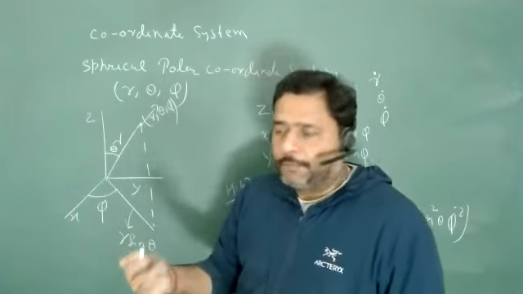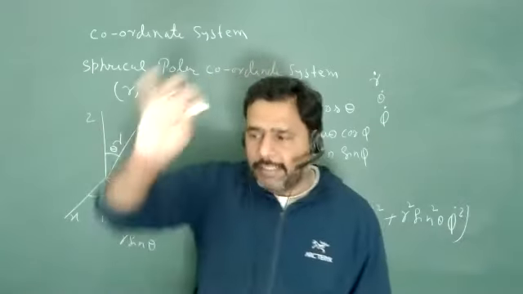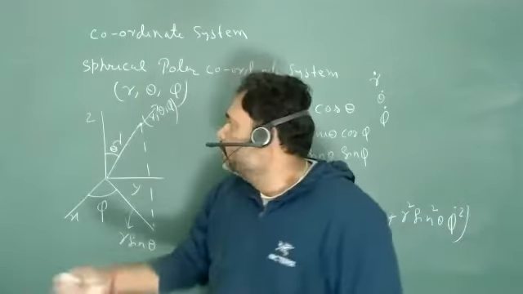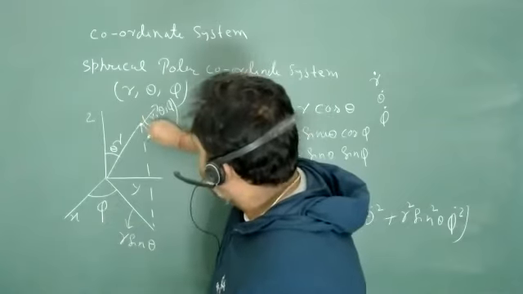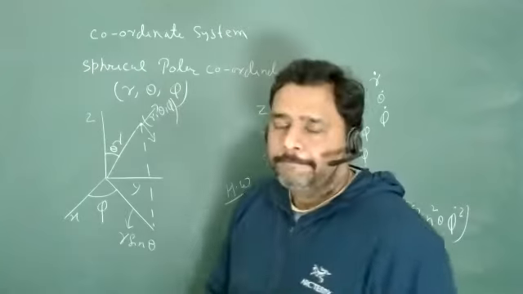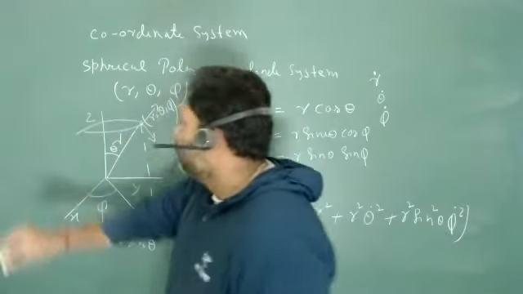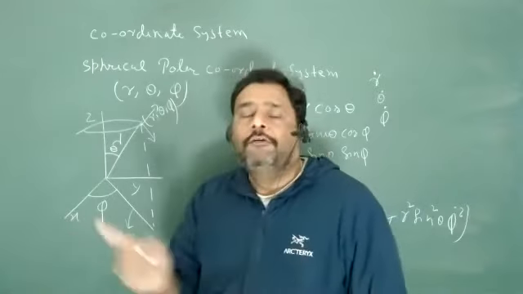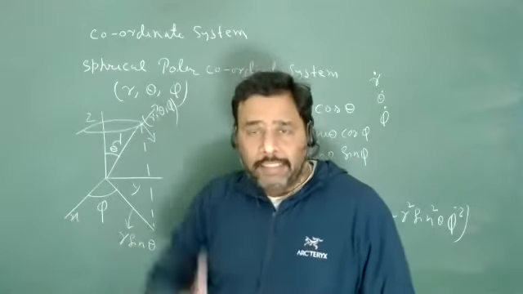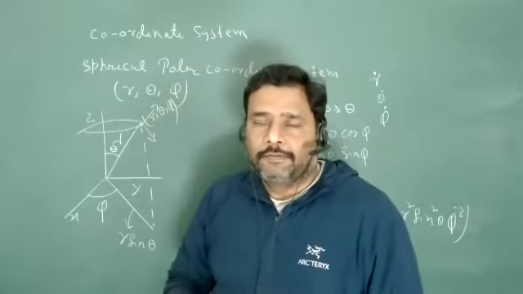There can be two types of rotation: your particle can rotate about the z-axis and it can rotate away from the z-axis. So this angle will tell you about the direction of theta dot, and this rotation will tell you about the direction of phi dot, in the z cap direction.